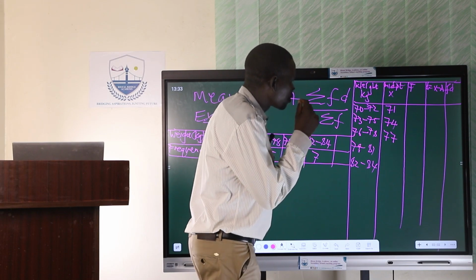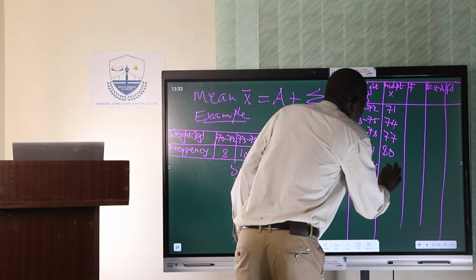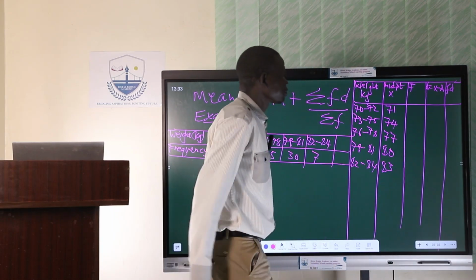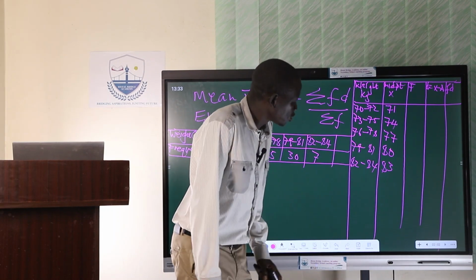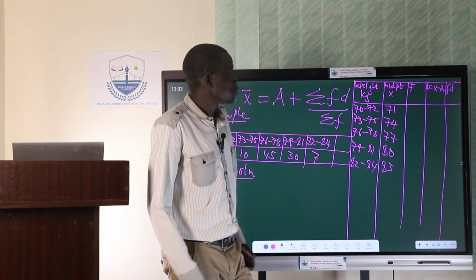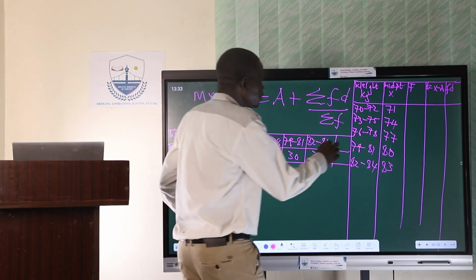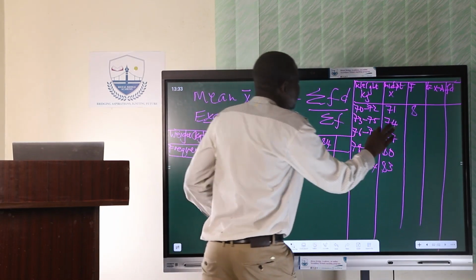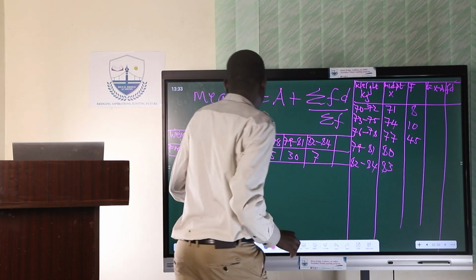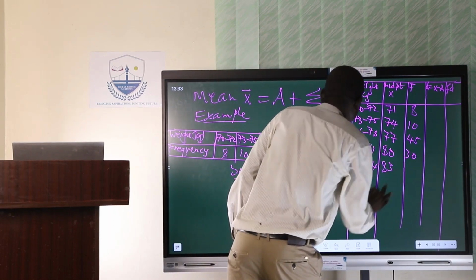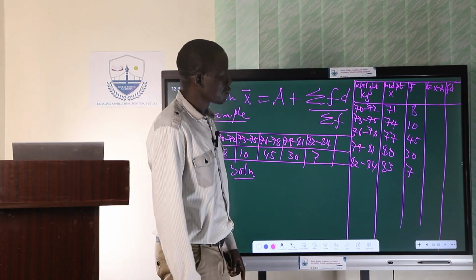From there, here we shall get 80, and then here we shall get 83. We will just continue in that form. Then the frequency values have been given: we have 8, 10, 45, then 30, and then 7. These are the frequency values.